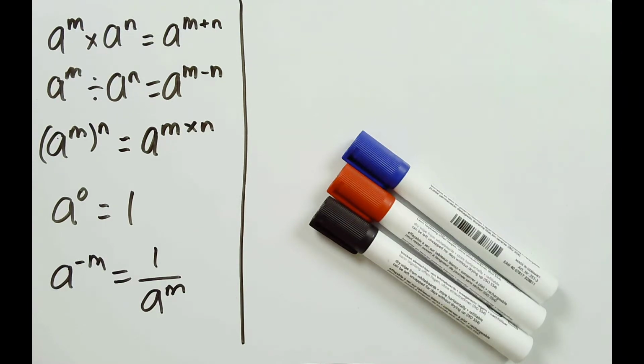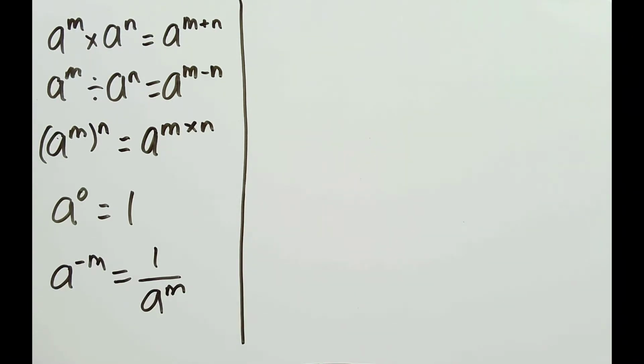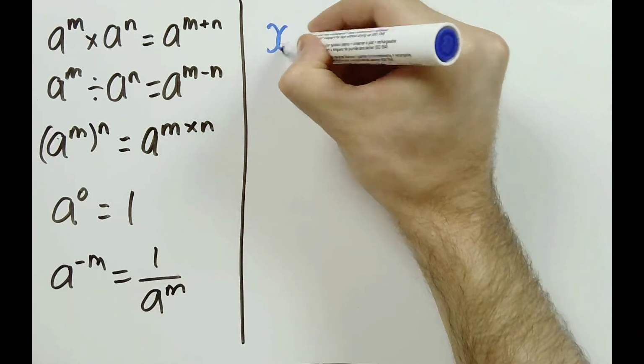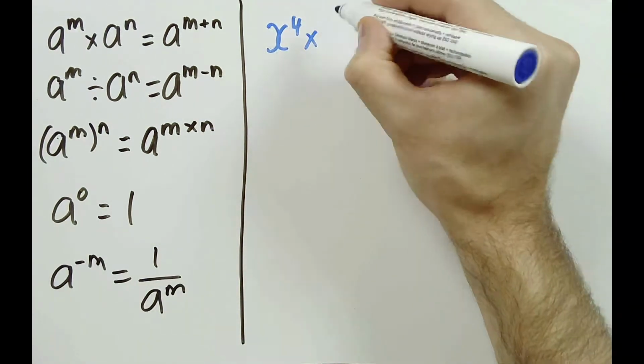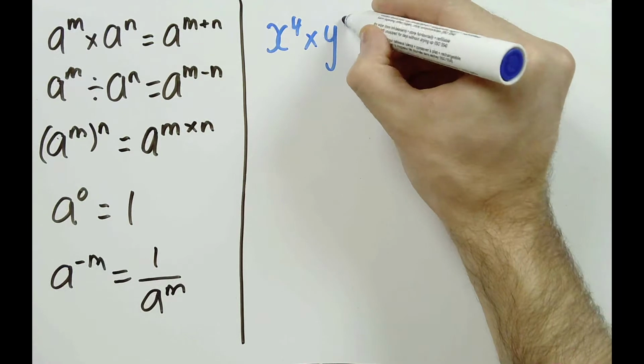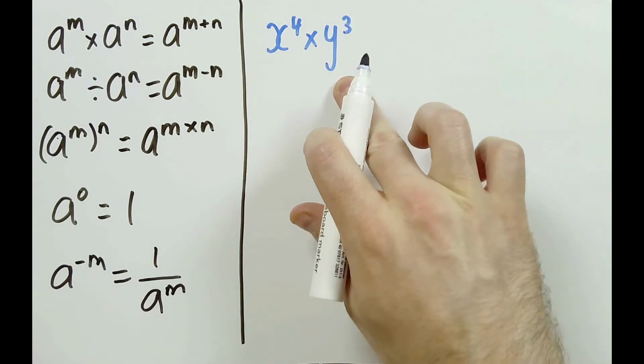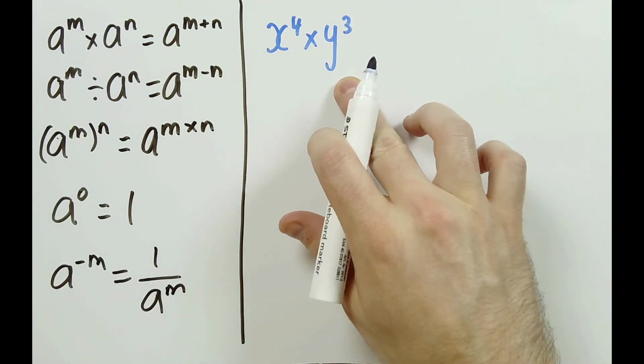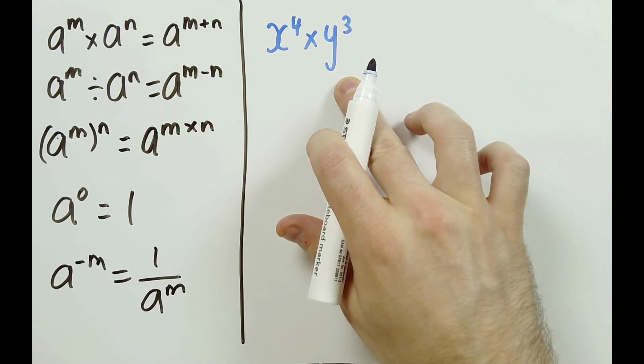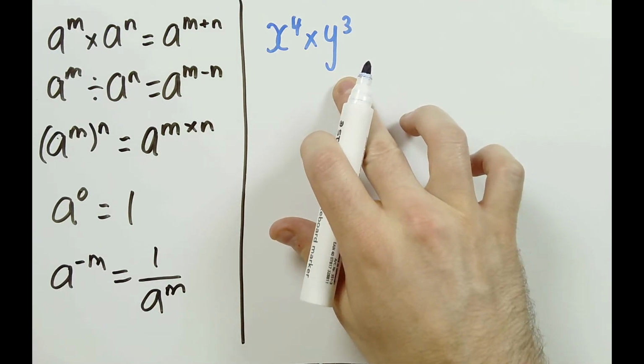So let's start out with a straightforward example. Let's say you're asked to simplify the following: x to the power of 4 times y to the power of 3. So in this case, you can see that none of our index laws actually fit.